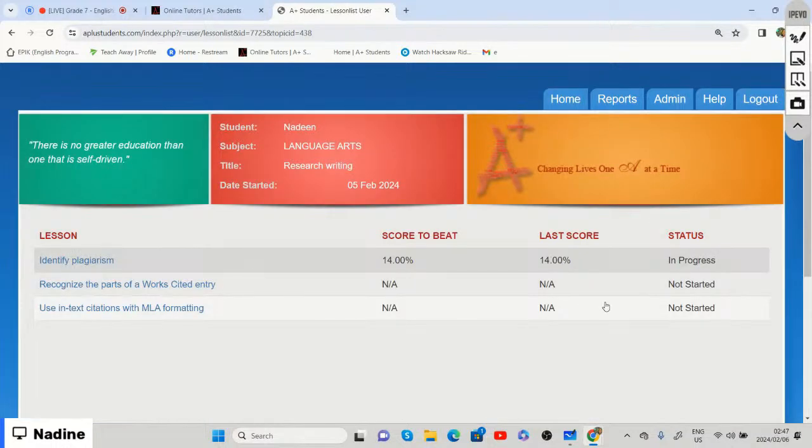All right, so when it comes to research writing, we have plagiarism, which is the act of taking someone's work or ideas and using it as your own. Then we have a quote, where you directly take something that somebody specifically said, either in a story, in a book, or in an article, and you put it in quotation marks.